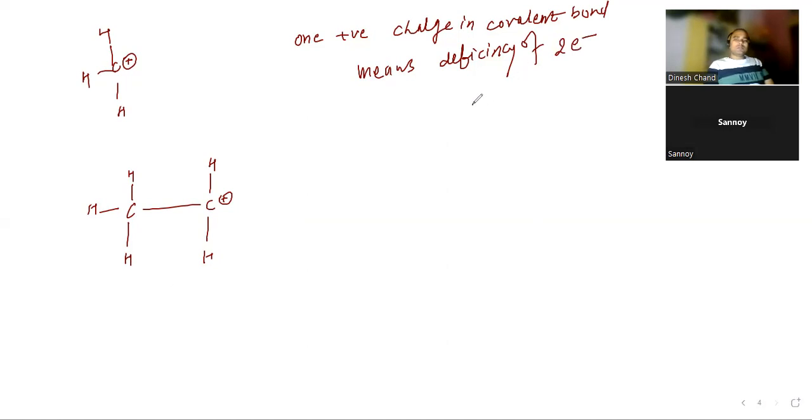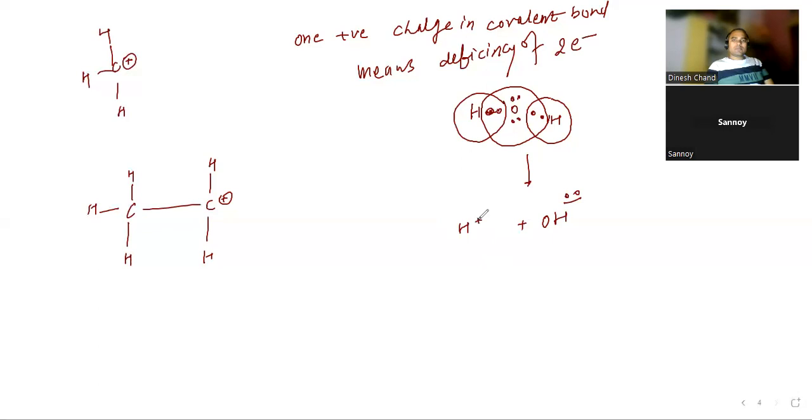Suppose here you see a covalent bond H, 2 electrons, O, H. So these 2 electrons are shared. Now when it is splitting, it forms OH minus, the 2 electrons go here, and H plus.